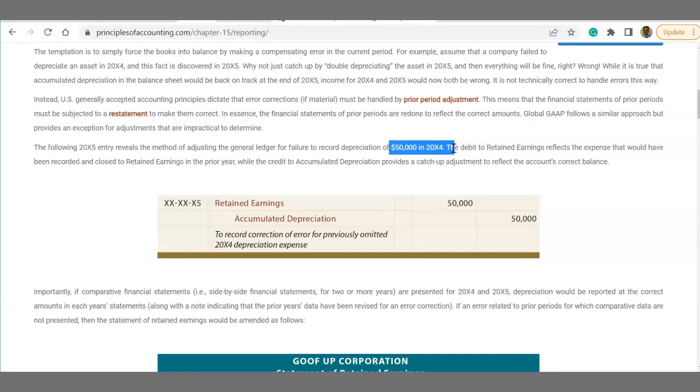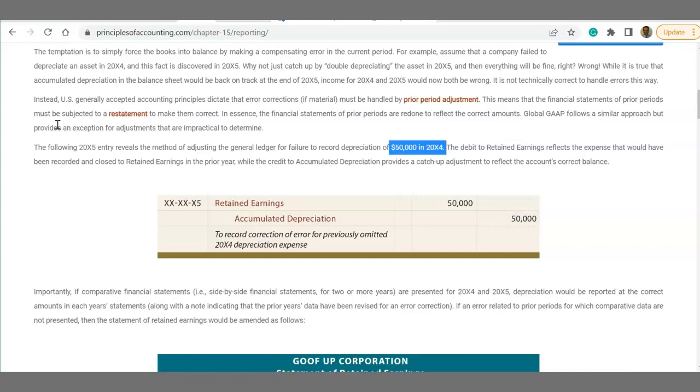You cannot record it as a depreciation expense anymore because all expenses are closed into retained earnings. So the only thing left available to you is retained earnings. So you have to debit retained earnings, which reduces retained earnings, and credit accumulated depreciation for $50,000 as a prior period adjustment.